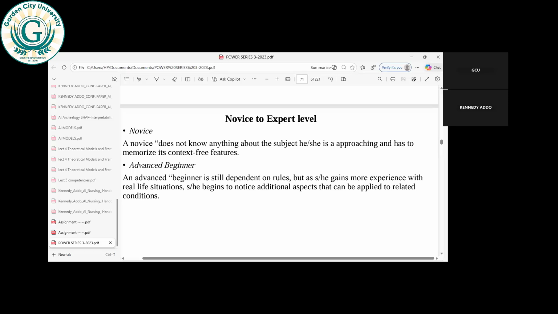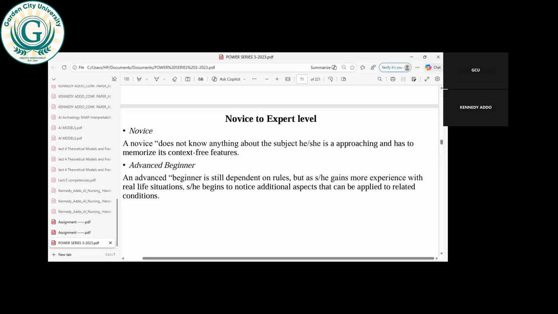So the point here is that an advanced beginner may be in the same soup as a novice, but there is some peculiar characteristic that cannot be identified with a novice. The person still depends on rules, but you notice additional improvement that may not be seen in a novice, and that is what an advanced beginner is.